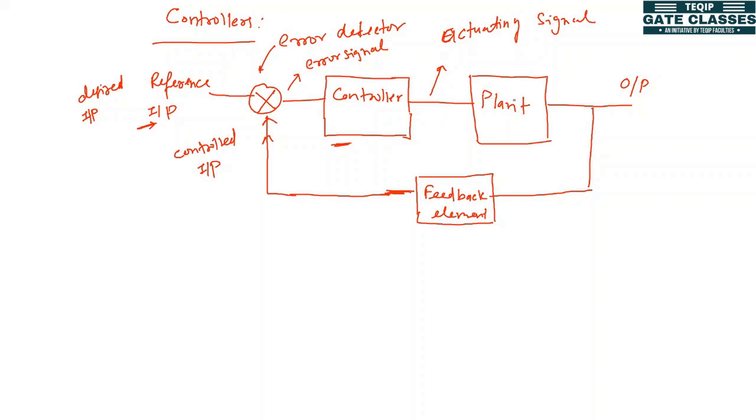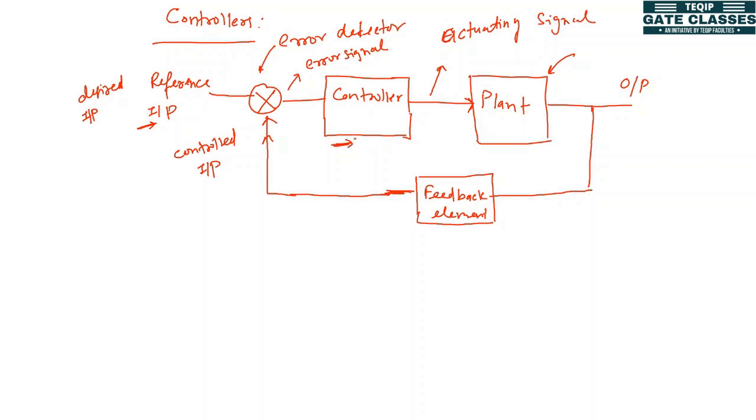Suppose plant may be anything. It may have a motor or anything whose parameters have to be controlled. The output of this controller is applied to the plant to get the desired output.